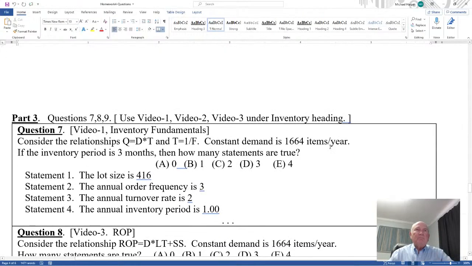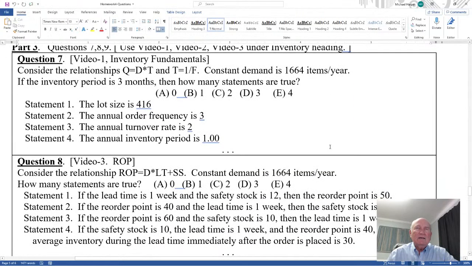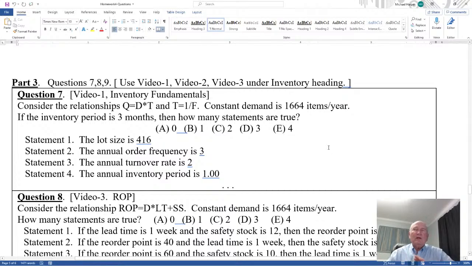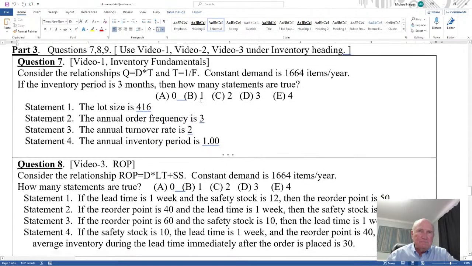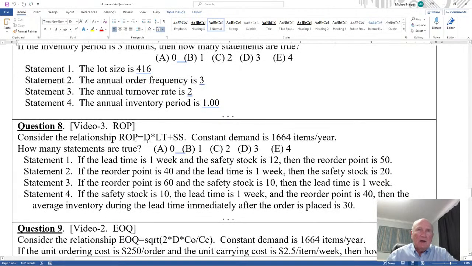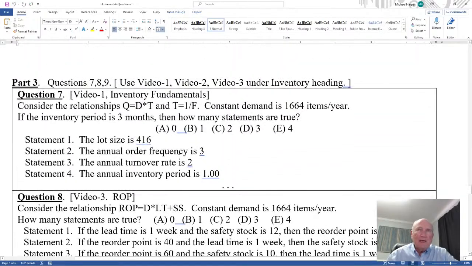Okay, parts 7, 8, 9. Again, what I do here is similar to the previous three. I take the fundamental relationship, Q equals dt, ROP, EOQ, and essentially I ask different parts of the same equation.